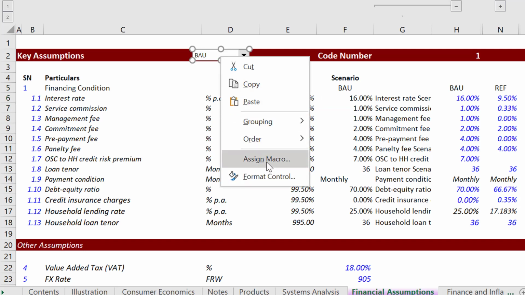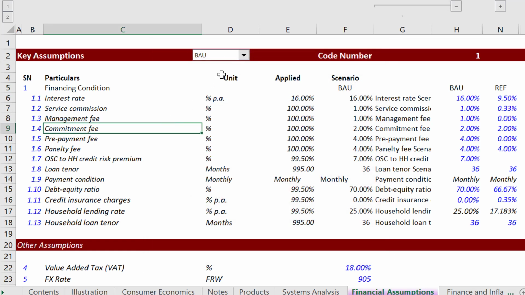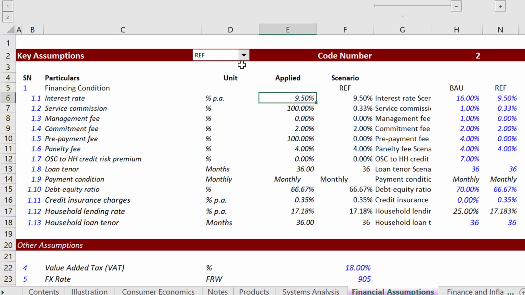So all we do is go to this macro, the one that says copy scenario, and attach it. I'll attach it one more time, and hopefully it won't be such a mess. Now I believe everything's working okay.